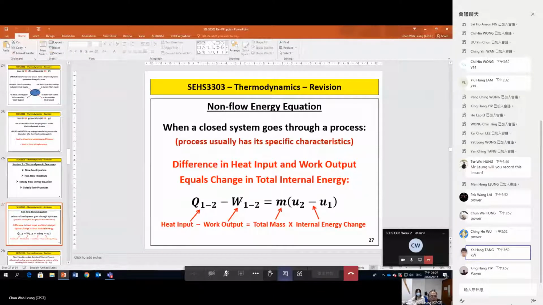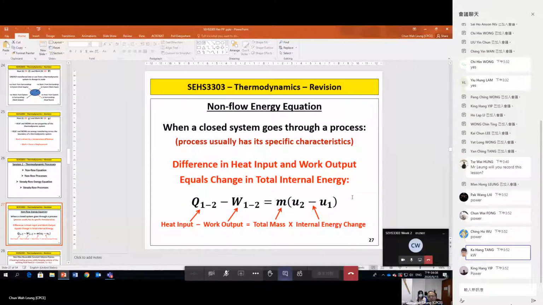And even worse, usually the internal energy at the end of the process, U2, is sometimes also an unknown. So three unknowns may be in one equation. How to solve? The equation itself is simple, but solving it is difficult because it involves too many unknowns.